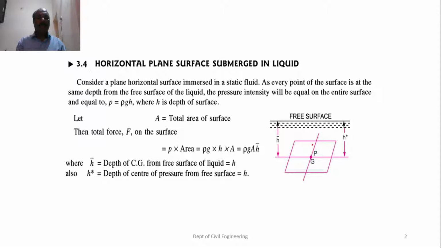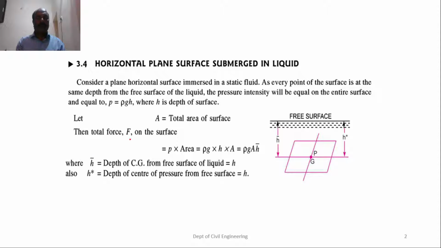Since every point is at the same depth from the free surface of the liquid, the pressure intensity will be equal over the entire surface, and the pressure is equal to rho g h, where h is the depth of the surface. A is the total area of the surface.